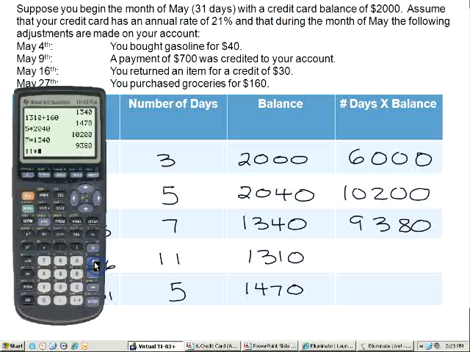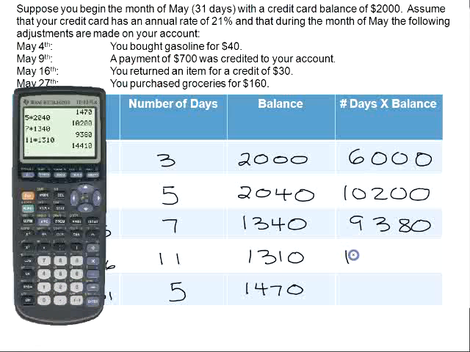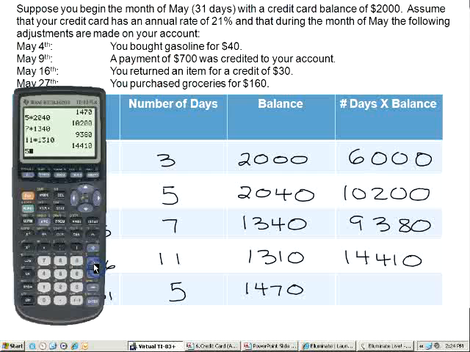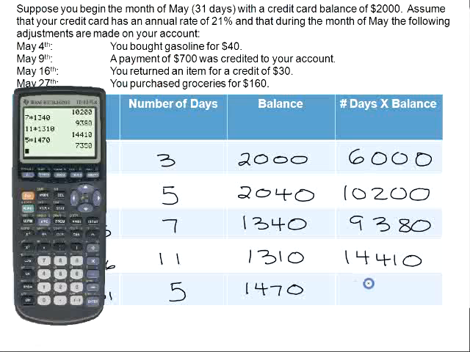And then 11 times 1,310 is 14,410. And finally, 5 days times a balance of $1,470 for those 5 days gives us $7,350.